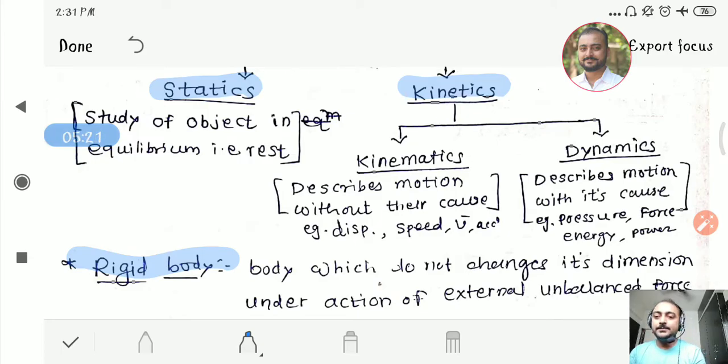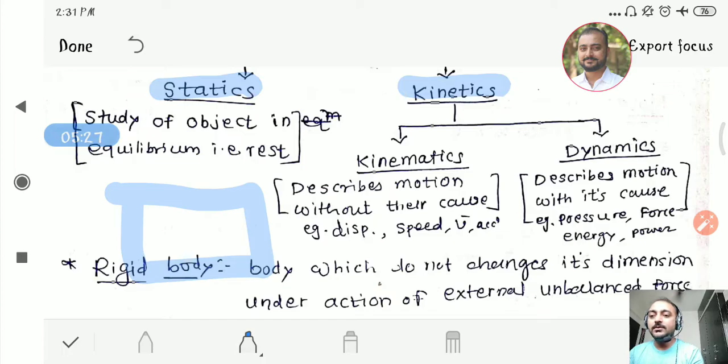Let's suppose we consider this object. This object is made up of a number of small particles. Like this is one particle, this is another particle. These particles are separated by a small distance d.